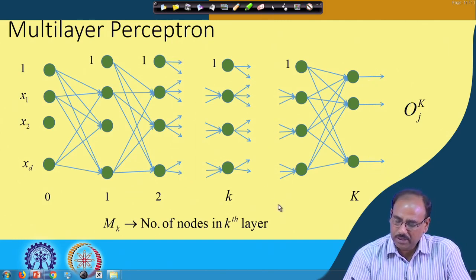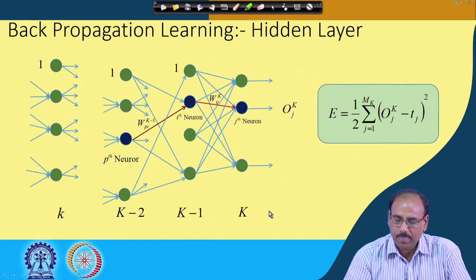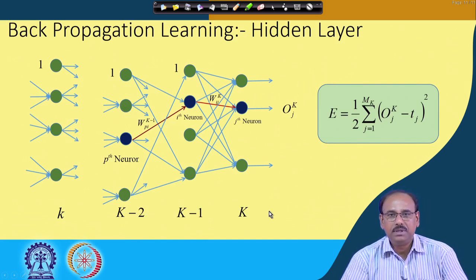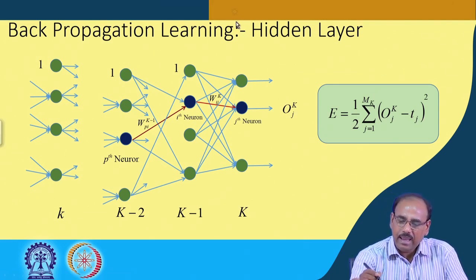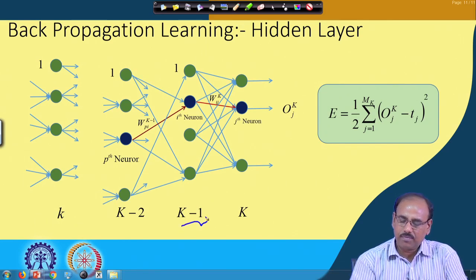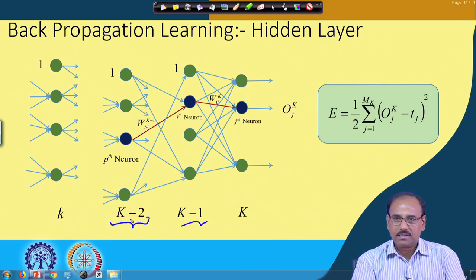For doing this, I assume that initially we have updated the weights between the output layer and the layer just before the output layer, which was my (k-1)th layer. Now, the (k-2)th layer is one of the hidden layers. So, let us see how we can update the weights between the (k-1)th layer and the (k-2)th layer.